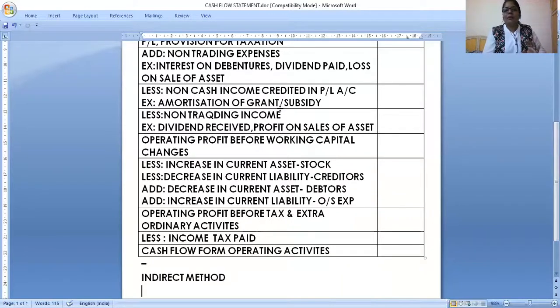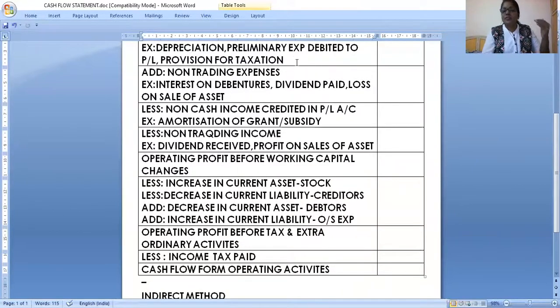Now if you go one step above and check, provision for taxation is a book entry, so I have added it back, but income tax paid is my actual expense, so I will deduct it separately and I will get cash from operating activities. So this is how you compute the cash flow from operating activities by the indirect method.